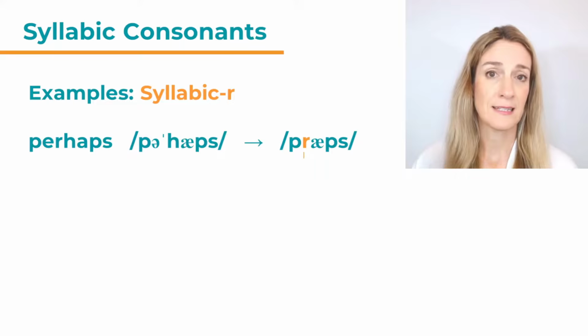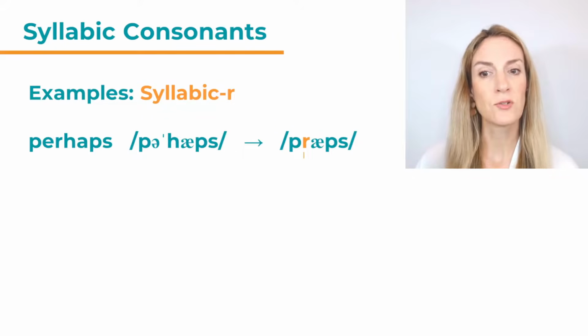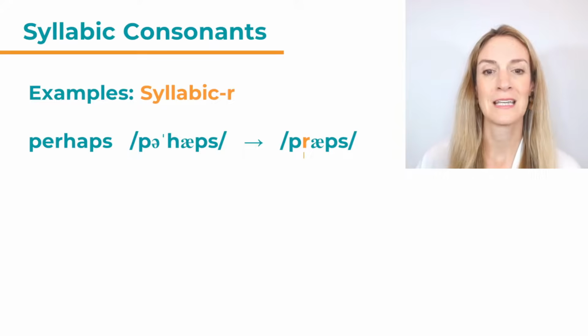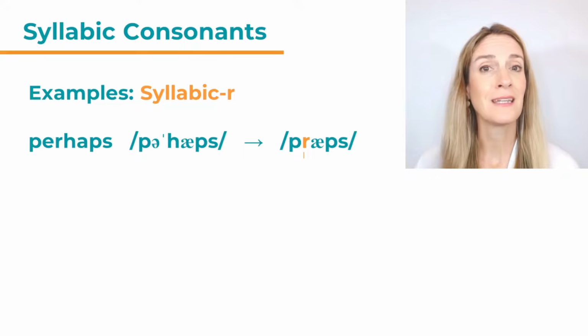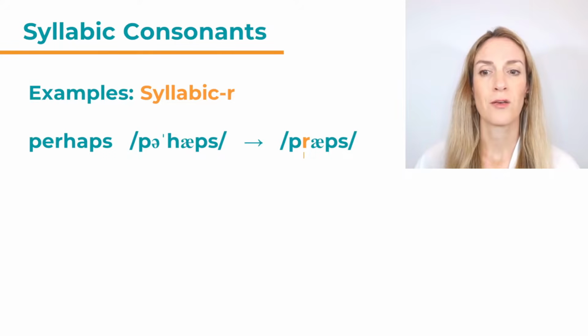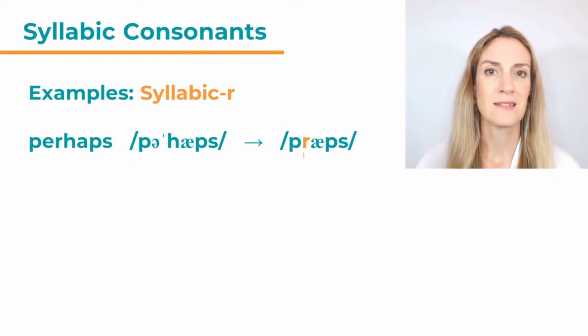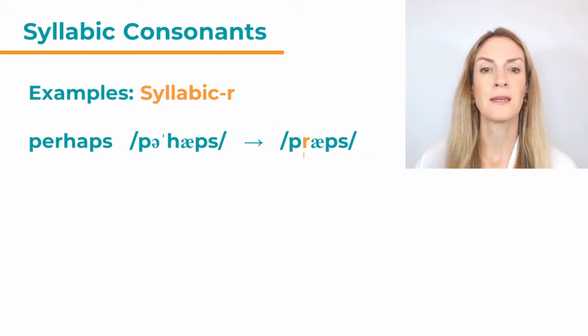And the second syllable is stressed. That's a bit unusual because all other examples so far, we had the syllabic consonant at the end, but sometimes you could have it at the beginning here in the first syllable. So p is not stressed, contains a schwa, perhaps, can become perhaps.